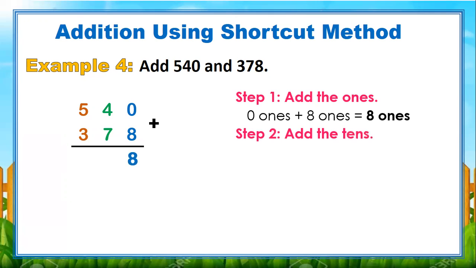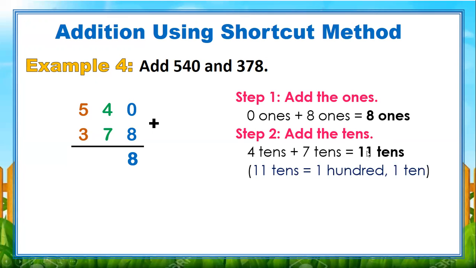Next, we need to add the tens digits. 4 plus 7, or 4 tens plus 7 tens is equal to 11 tens. And 11 tens is equal to 110. So we need to regroup 11 tens. So we need to move 100 to the hundreds column.